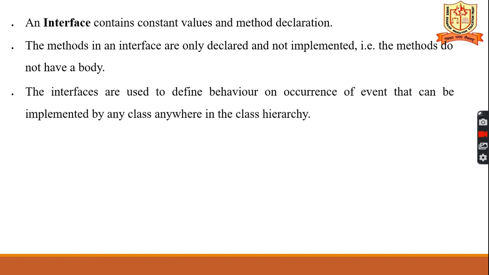The methods do not have any body, only the declaration part. Interfaces are used to define behavior on occurrence of the event that can be implemented by any class anywhere in the class hierarchy.